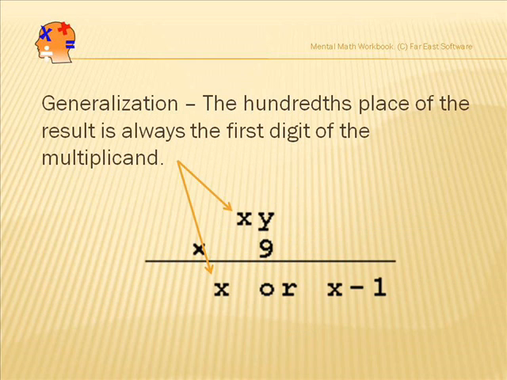If we generalize the solution by representing the first digit of the multiplicand by an x and the second digit of the multiplicand by a y, then the hundreds place of the final result is the tens place of the multiplicand, as with 39. However, if the units place of the multiplicand is larger than the tens place of the multiplicand, then the hundreds place of the result is 1 less than the tens place of the multiplicand, as with 72.